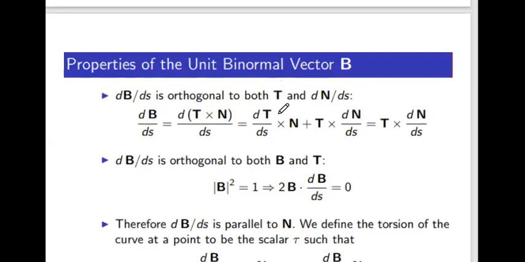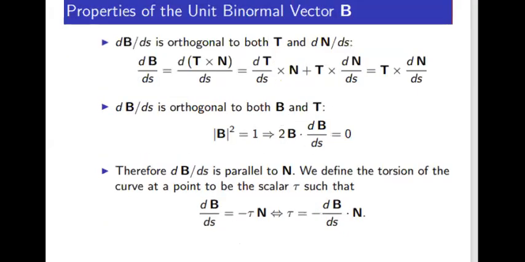Yeah, so let me discuss it. dB by ds is orthogonal, perpendicular to both T and N, and let's see how. We know that B is equal to the cross product of T and N. Let's differentiate B with respect to s.